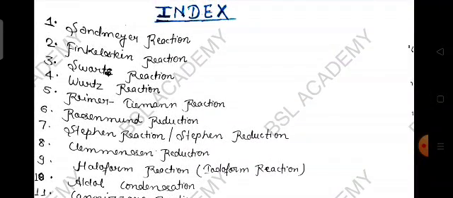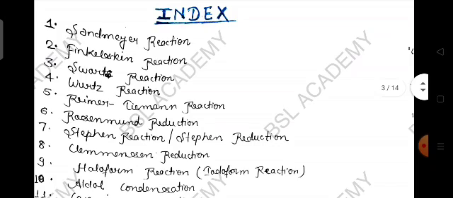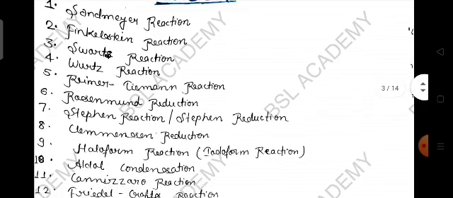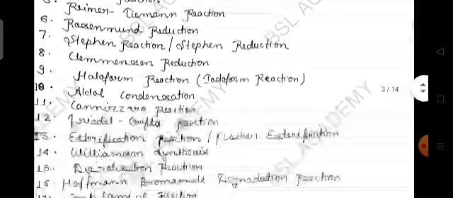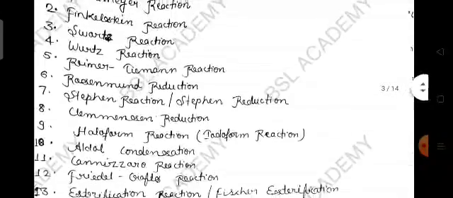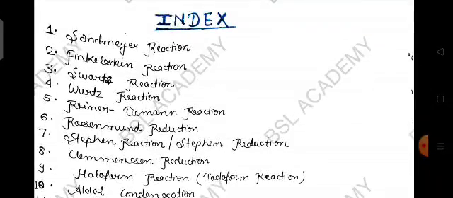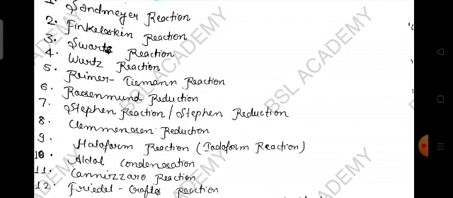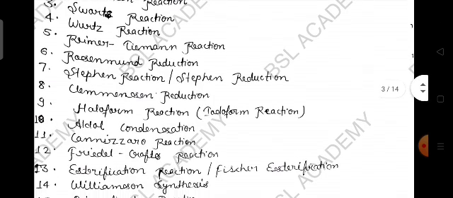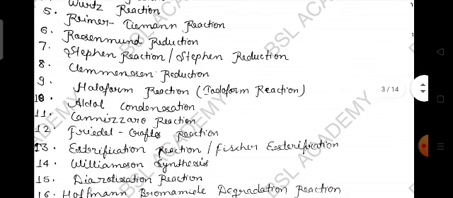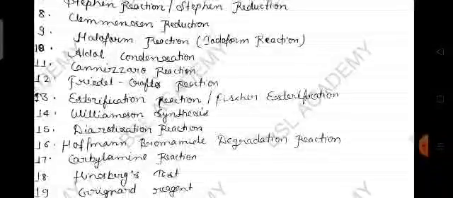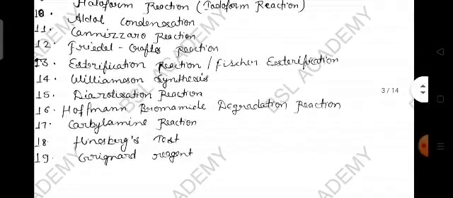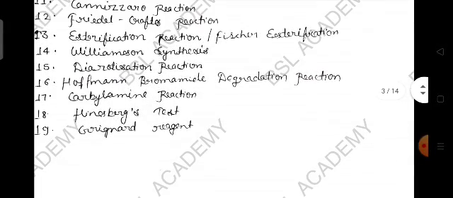So here you can see the index. Here I have added all important naming reactions. First, Sandmeyer reaction, Finkelstein, Swarts, Wurtz, Reimer-Tiemann, Rosenmund reaction, Stephen reaction or Stephen reduction, Clemmensen reduction, haloform reaction, aldol condensation, Cannizzaro reaction, Friedel-Crafts reaction, esterification or Fischer esterification, Williamson synthesis, very important.